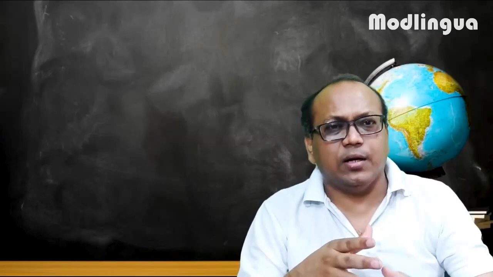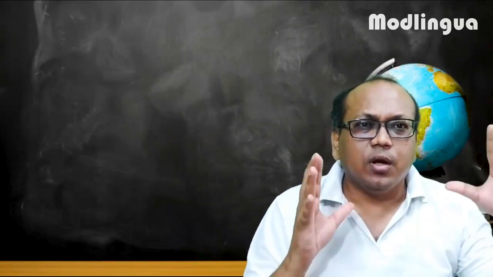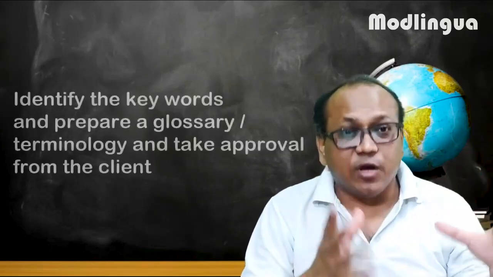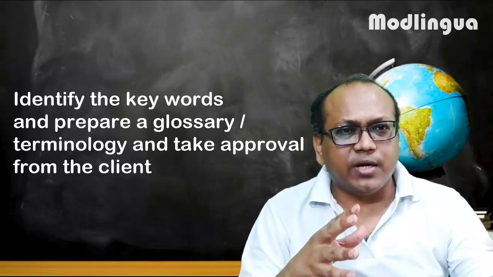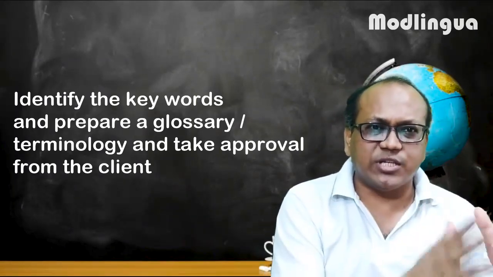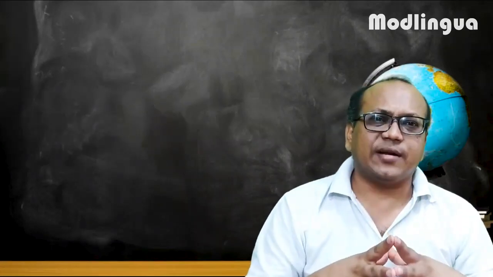So whenever you have a technical or non-technical document, please identify the keywords and find their translation as per the context. If you have any doubts, clear them with the client, incorporate the changes wherever required, and follow that standard that you have developed yourself in the form of a glossary throughout the translation.